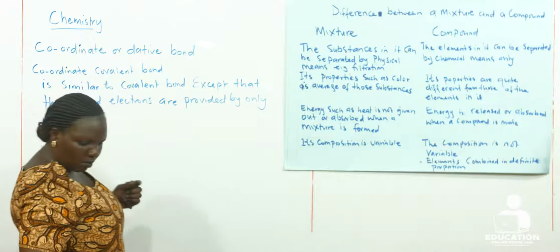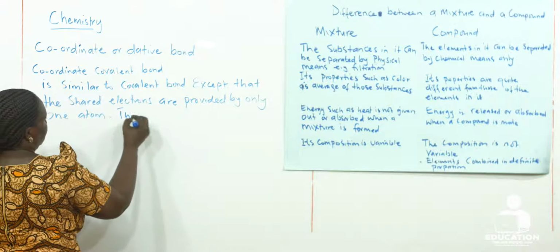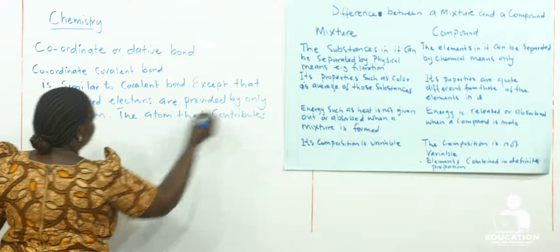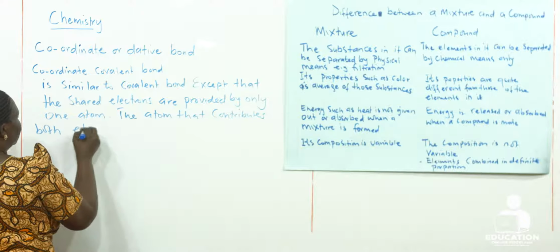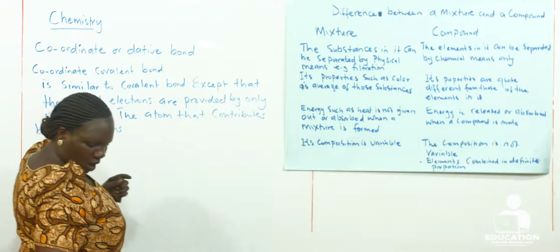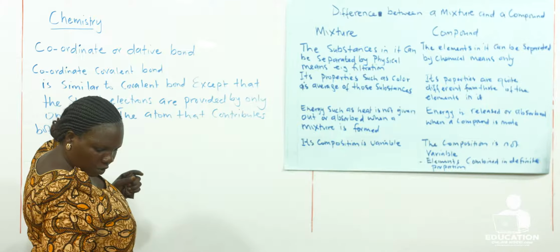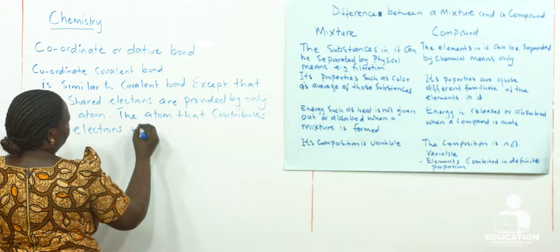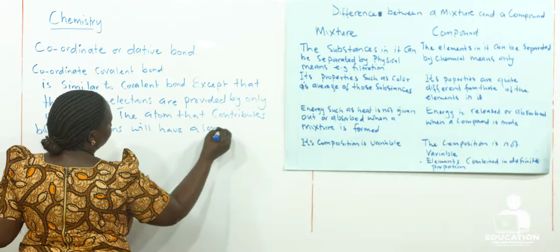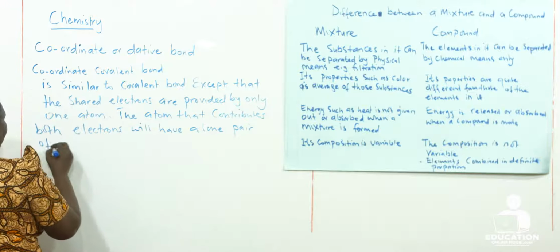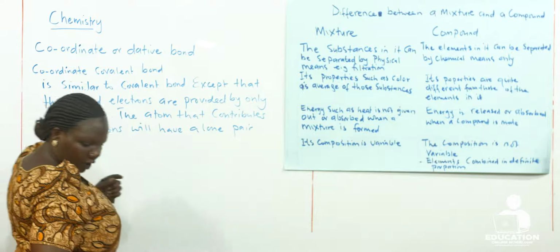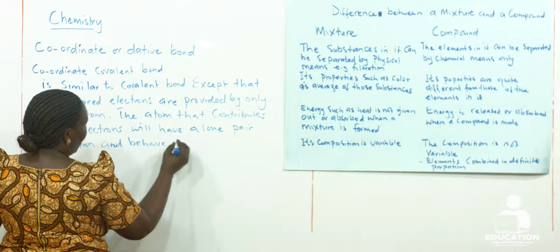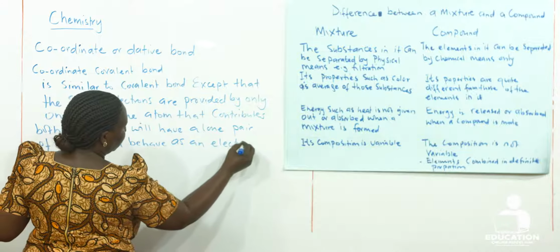The atom that contributes both electrons will have a lone pair of electrons and behave as an electron donor.